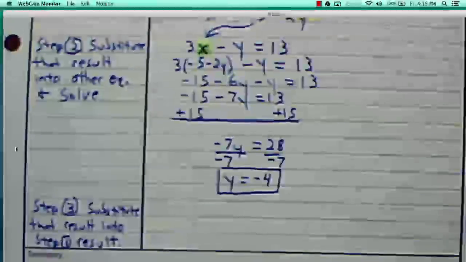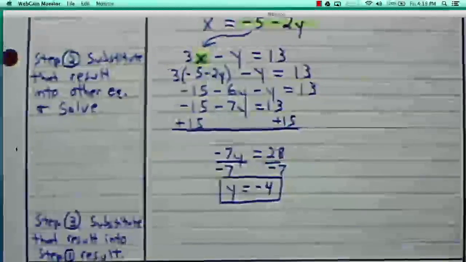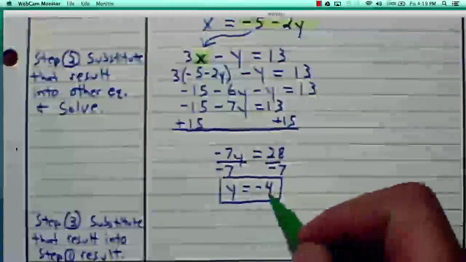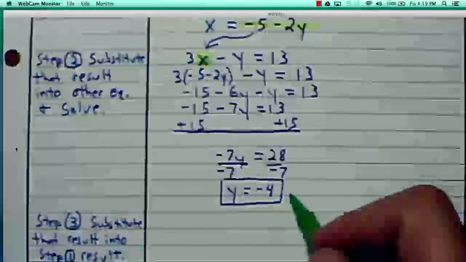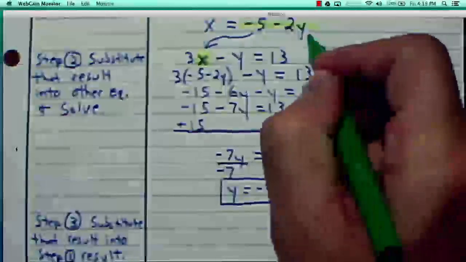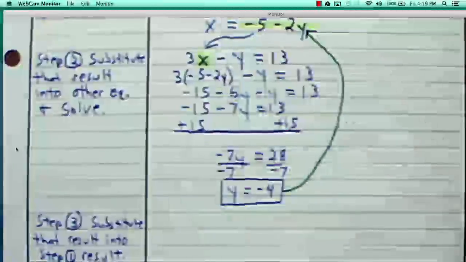All right, so this y equals negative 4 is going to be substituted in place of that y, and that will yield x.